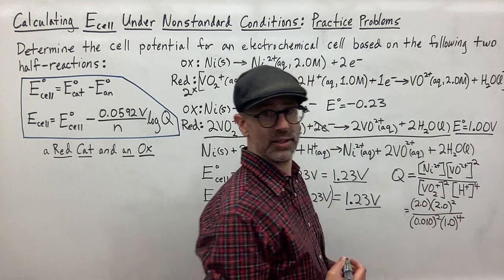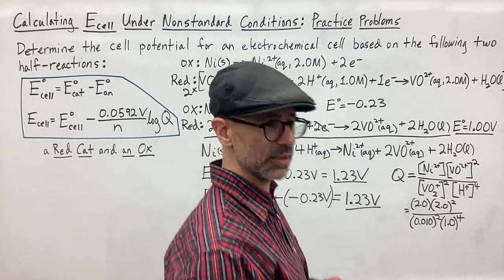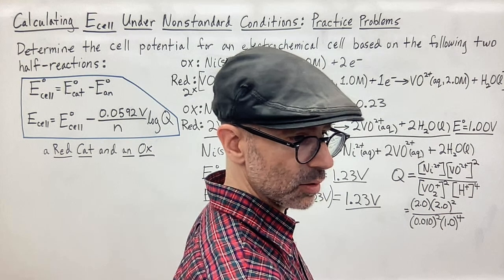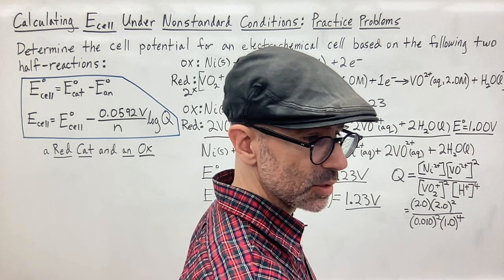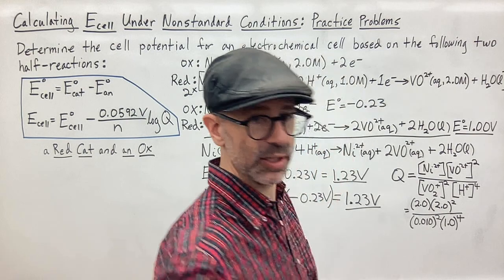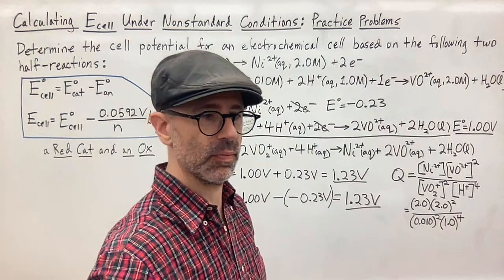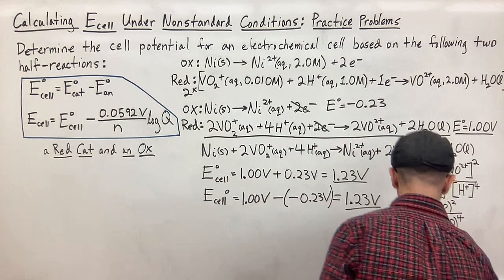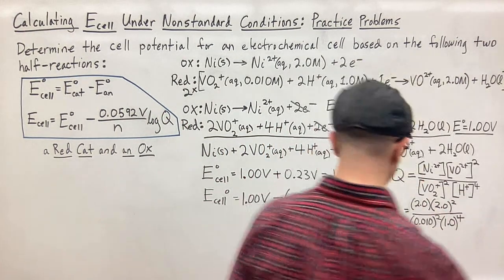And when we calculate that, we get, let me double check here. Let me calculate that out. And we get, this is equal to 80,000.